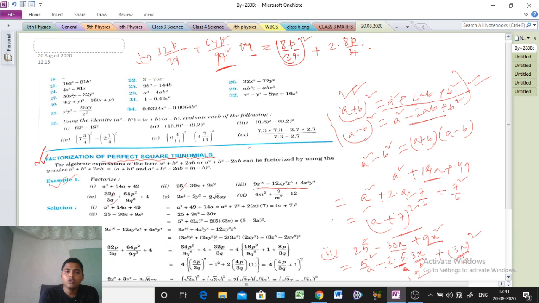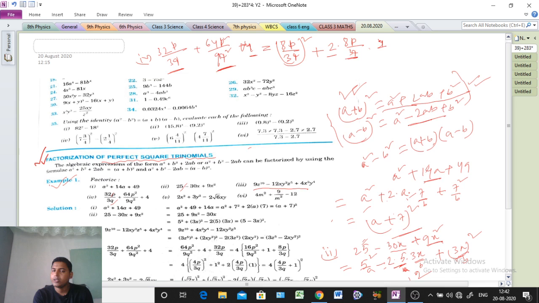So 4 will come. Another thing also, 2 is taken here from 4, so another 2 will come, because total 32, 8 into 2 is 16 is coming here, so another 2 will come. So only 2 will come, so this is B.